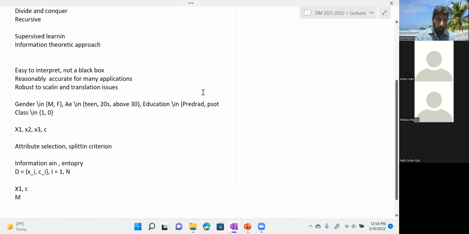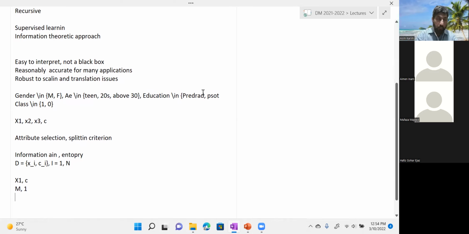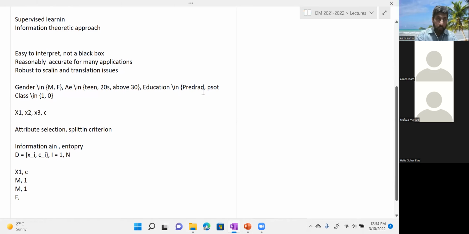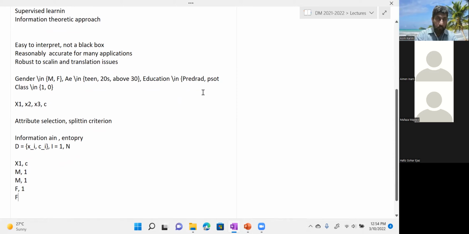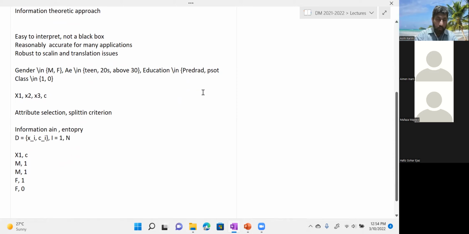So let's say we have male and class is, let's say 1, buys the computer. So we have another male, class is 1, and we have female, class is 1, and we have female, class is 0, and we have female, class is 0. Okay? So we are considering each attribute separately.